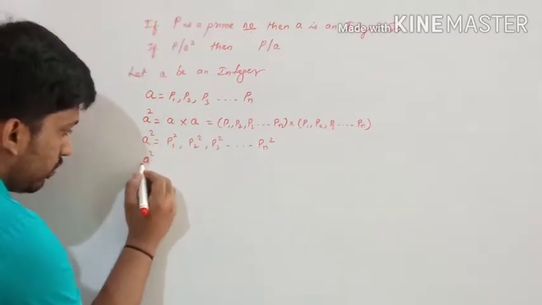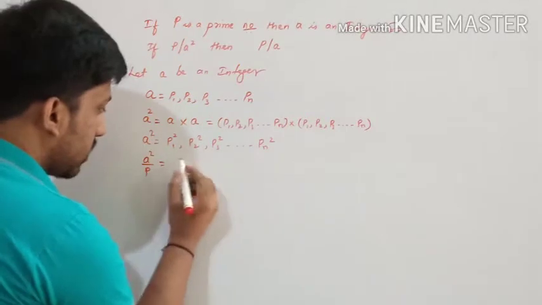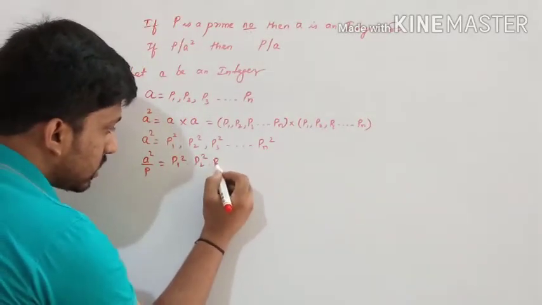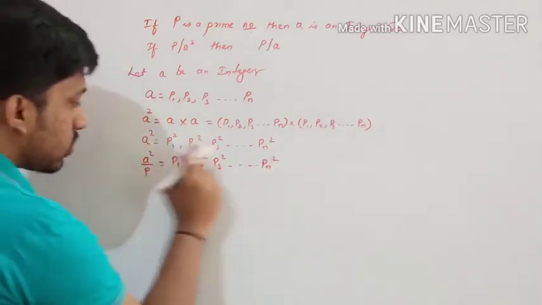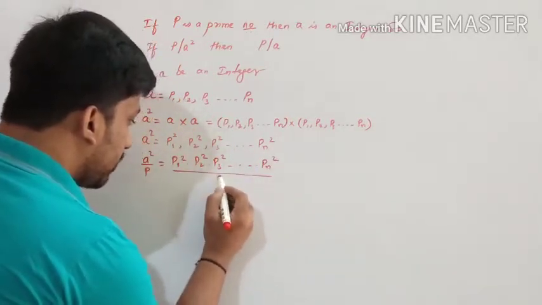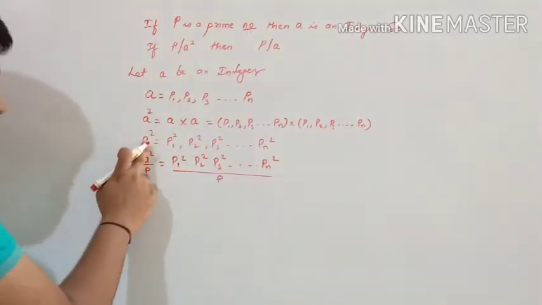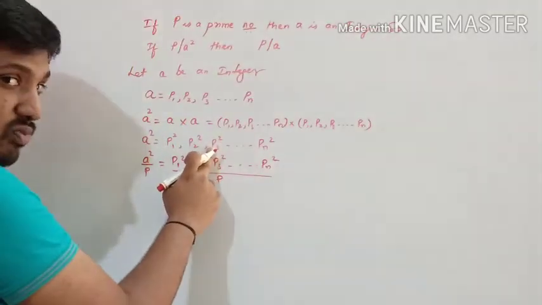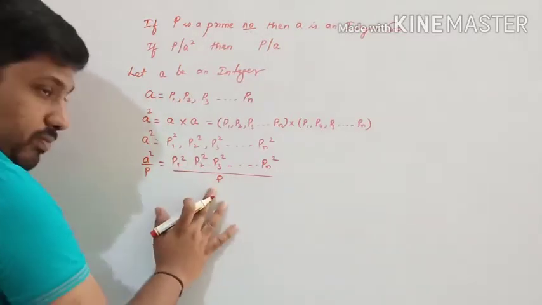So a square, which is p1 square, p2 square, p3 square and so on to pn square, is divisible by p. We got this from the fundamental theorem of arithmetic, and p divides this.